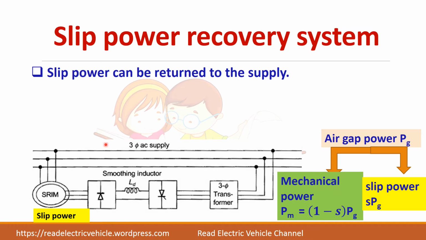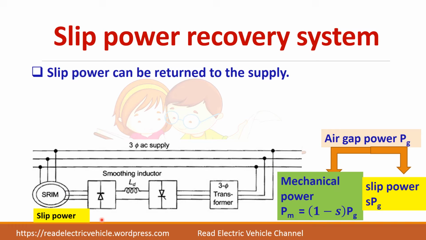We have three-phase AC which has a supply frequency. Say I am having 50 Hz supply. This slip frequency will be different from the supply frequency, because slip frequency is S times the supply frequency. So this is a different value. So I cannot directly connect this slip power into the supply line.